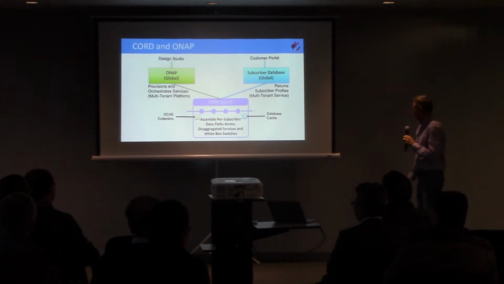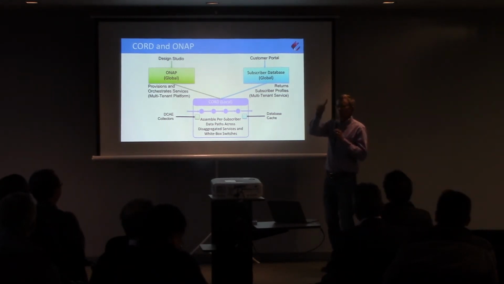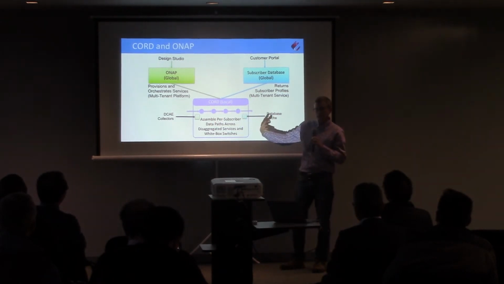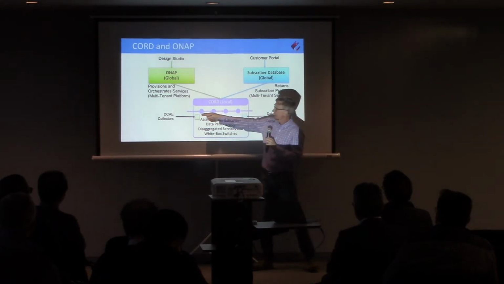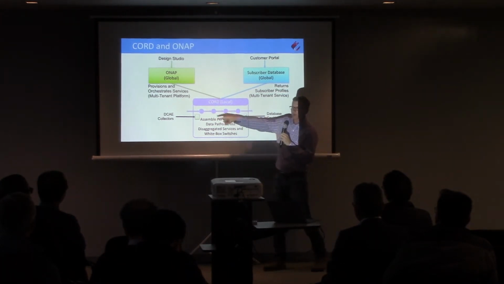I forgot that. Can I write on this board, this wall? So I could draw some other. So what I've drawn here is, in CORD speak, a service chain or a service instance graph. And this would be allocated one per subscriber. On behalf of this subscriber, it's linear, it wouldn't have to be.